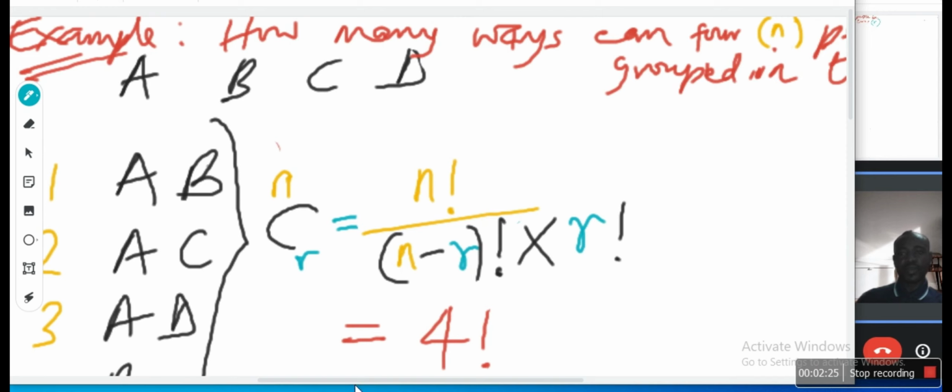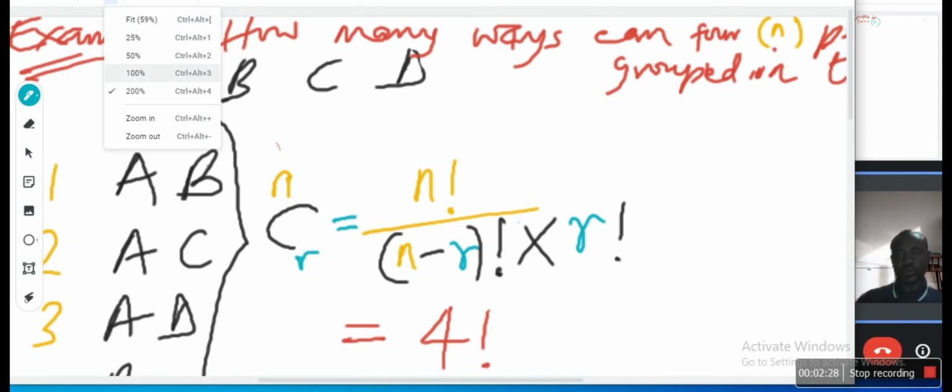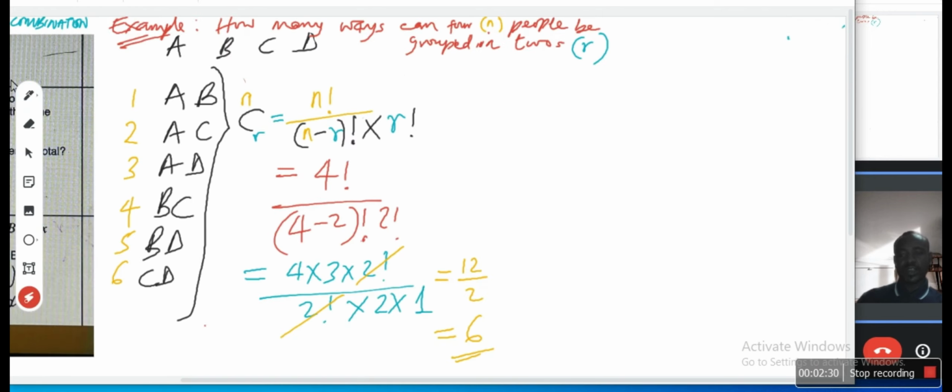All right, so how many ways can we group 4 people in twos? You see that, I said you can use letters A, B, C, D to represent the 4 people.